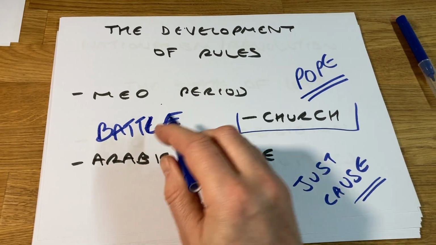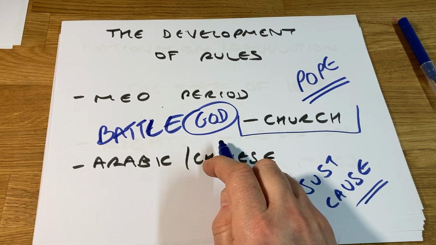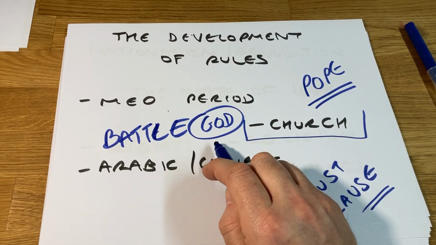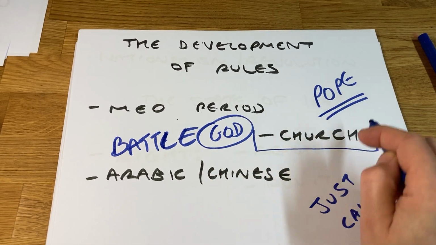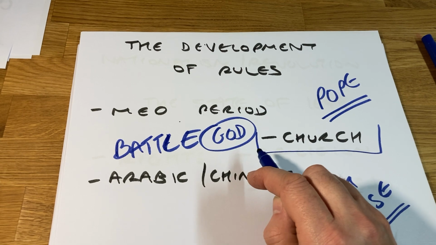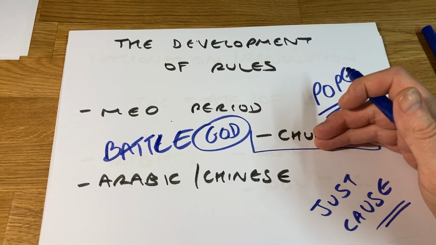And in battle, God will judge whether your cause is right or wrong, but you've got the permission to engage in war or engage in battle because the Pope or the Catholic Church has given you that permission. So what we actually have is a very rules-based order.